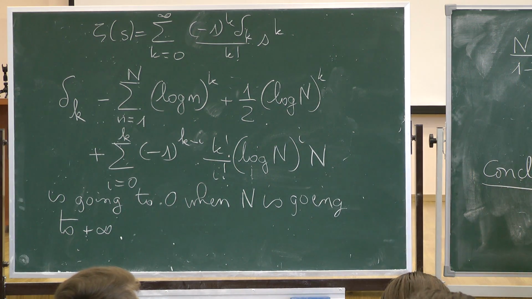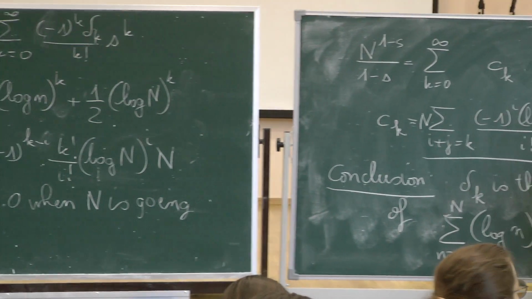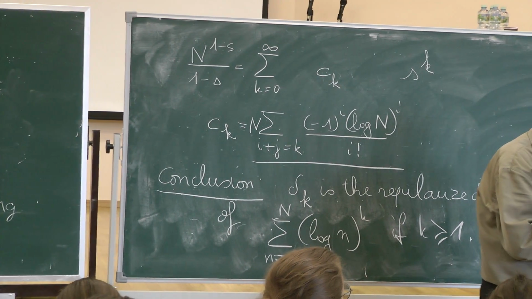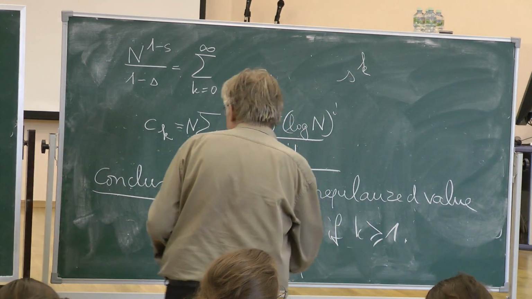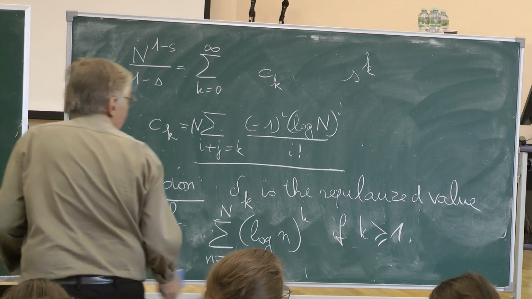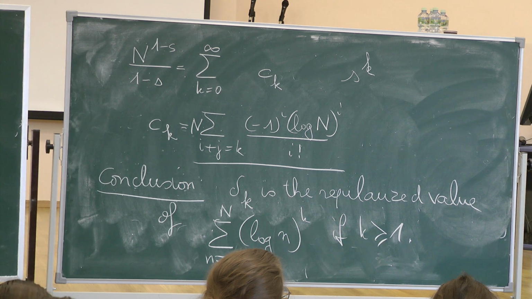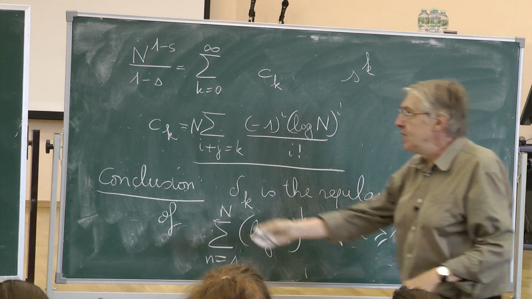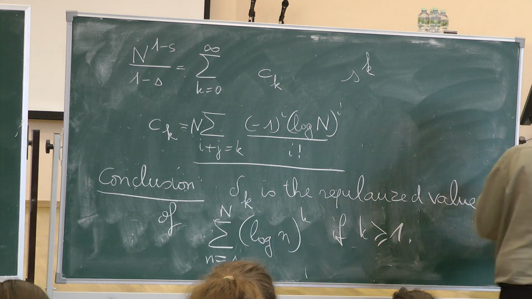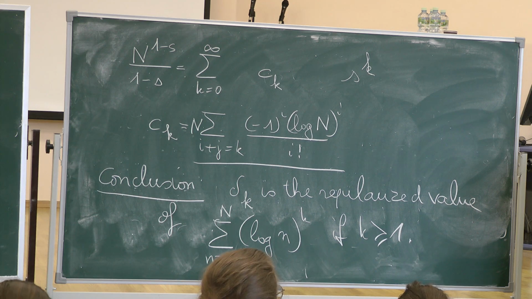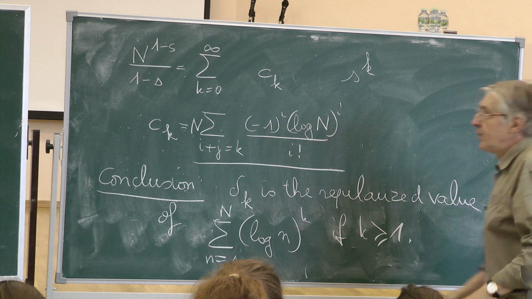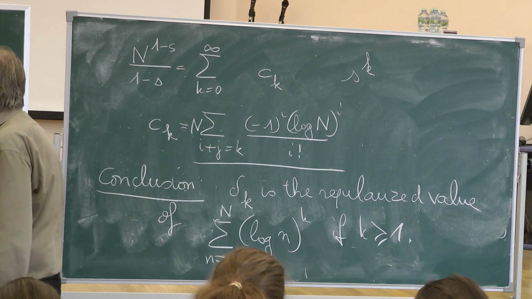So in fact, because the polynomials that we find can have constant terms, it is not true that the general rule works always. But nevertheless, it tells us that delta 0 is the limit, when capital N goes to plus infinity, of this expression where I take k equals 0.